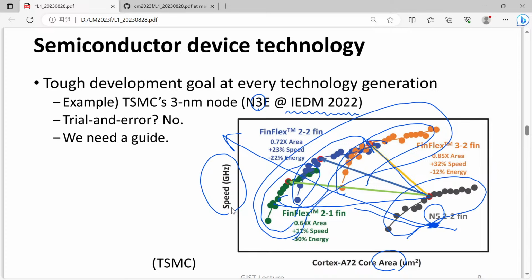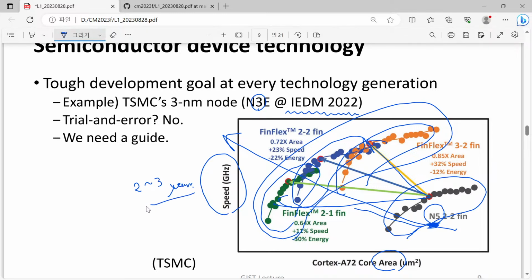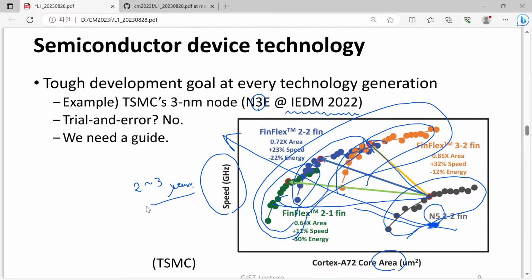Okay, so then how many years are allowed for a company to achieve this goal? Not 10 years. This is just on the order of 2 or 3 years.